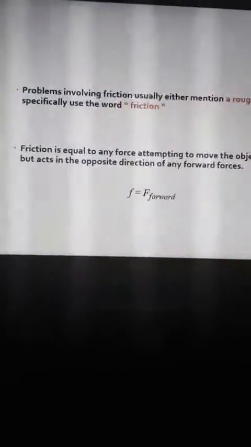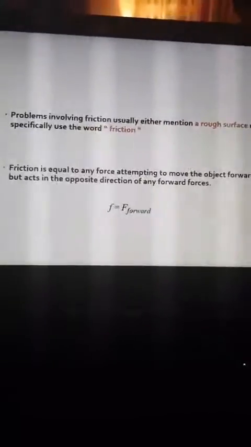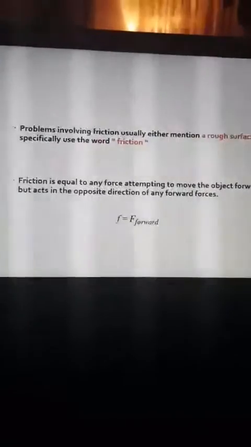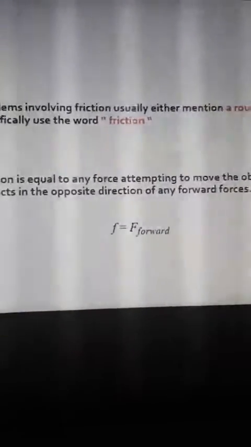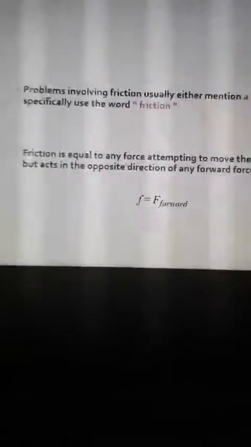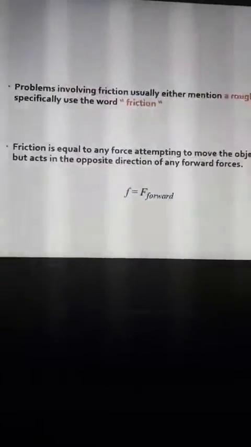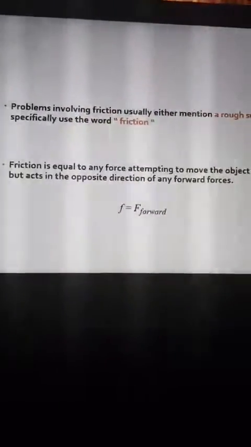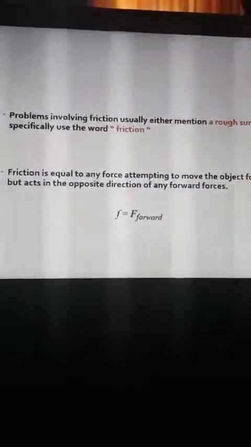Friction is equal to any force attempting to move the object forward but acting in the opposite direction of any forward force. This is a very important note. Focus please to understand. For example, there's an object at rest and I start to push this object. Now the force of friction equals the force that I'm applying on this object.